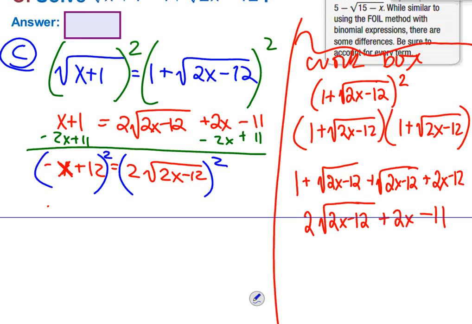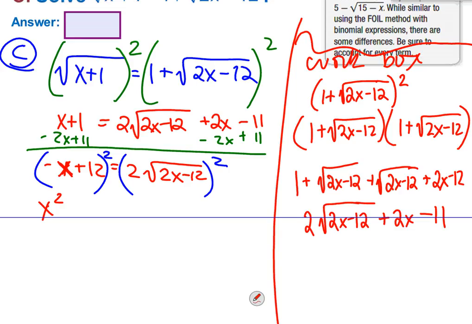I might think of this and carefully contemplate what that's going to be. When I square negative x squared, if you have to write it out and FOIL it out, that's fine. But negative x squared, do you agree, is x squared? Or negative x times negative x is x squared.